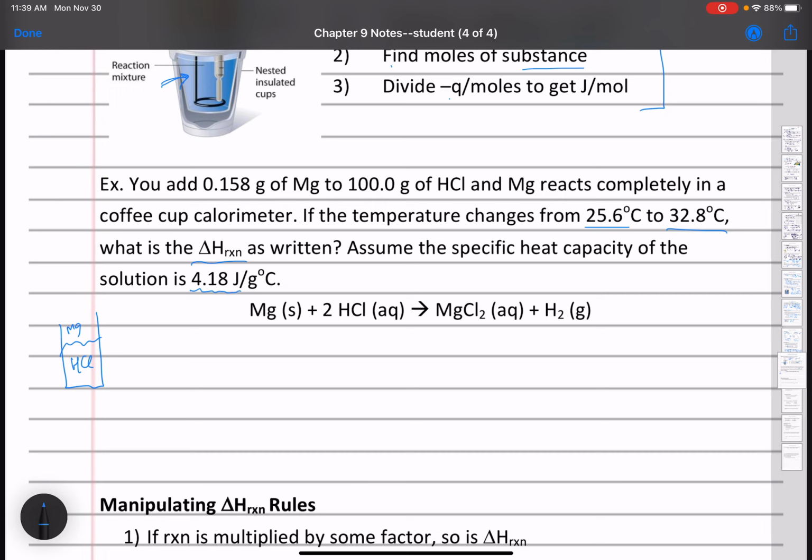So the first thing we need to do, we're trying to find out what is the heat of this reaction.